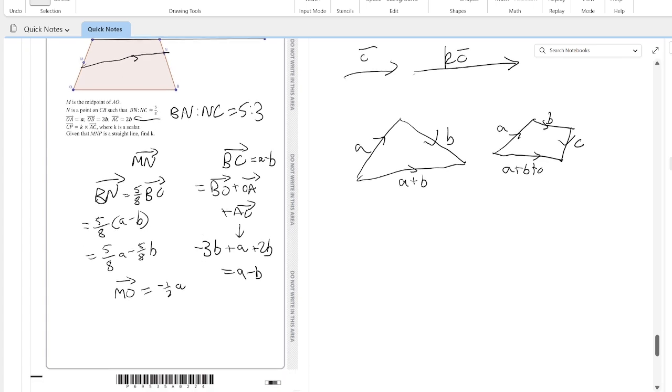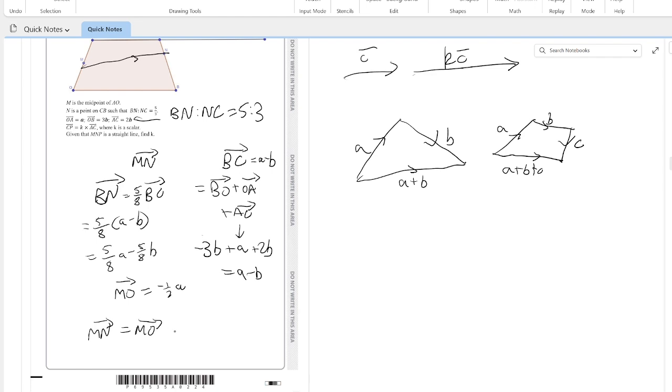So now we can work out what MN is. MN equals MO plus OB plus BN, which equals minus half a plus 3b plus 5/8 a minus 5/8 b.